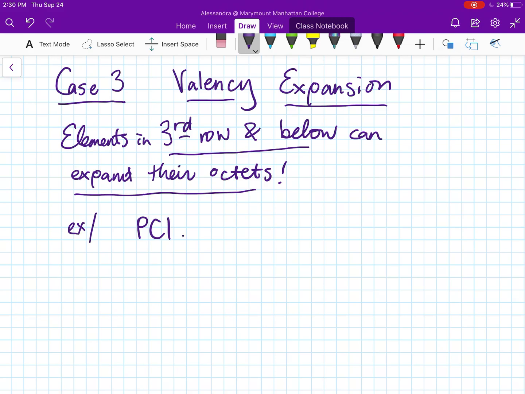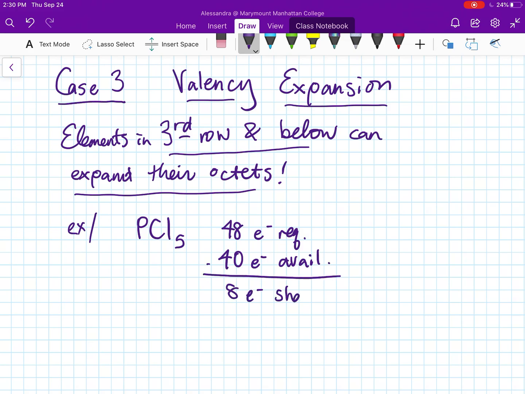Let's say you're trying to draw a Lewis structure for the PCl5 molecule. You might start with the handy hints, and the handy hints will tell you that you have 48 electrons required and 40 electrons available. When you subtract one from the other, you get 8 electrons that should be shared, and that makes 4 bonds.